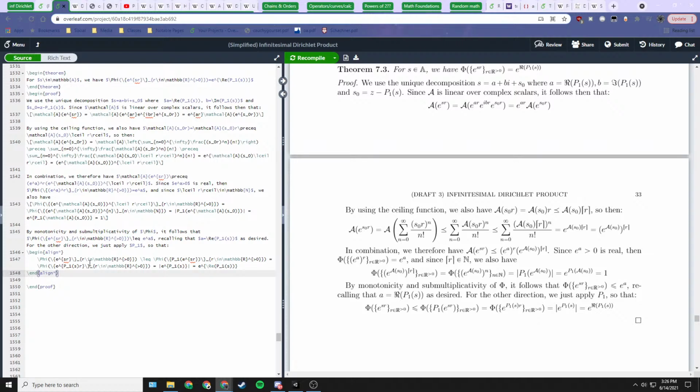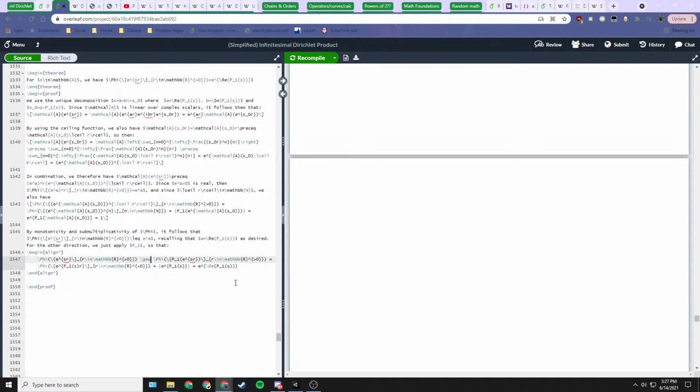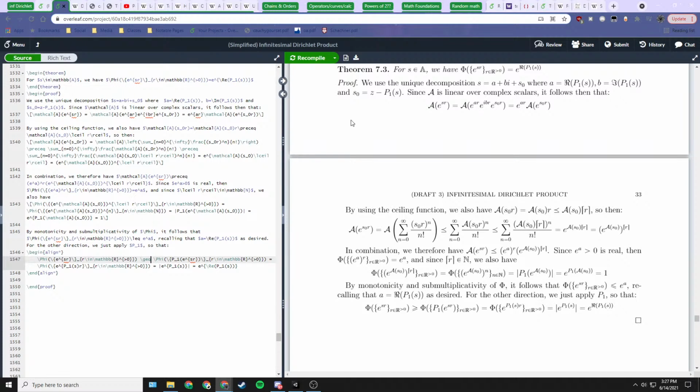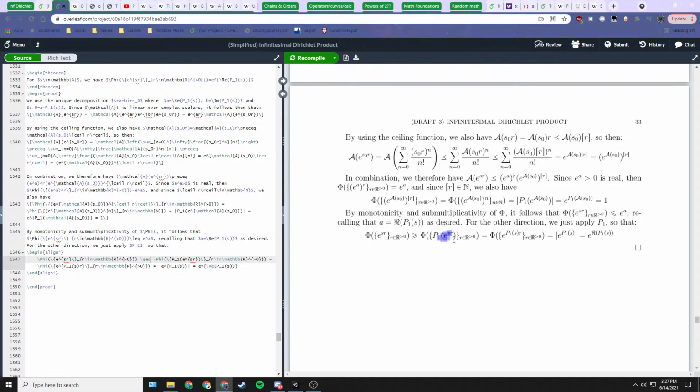Sorry, this should be greater than or equal to, because phi is the supremum of phi on the projections. So we're taking this projection, so that this has to be less than or equal to the overall phi value. And that's it.